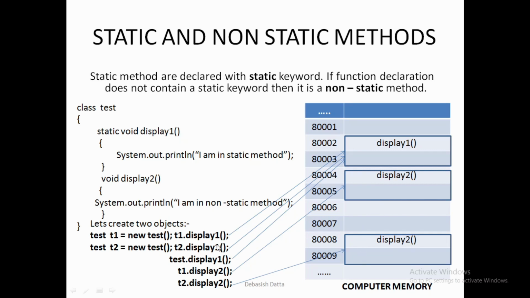Here I also want to mention that, as the memory reservation for a static member is a single one, there is no need to create an object to call a static method. Only the class name and the dot operator are sufficient to call it.